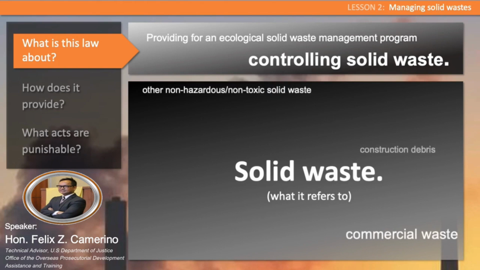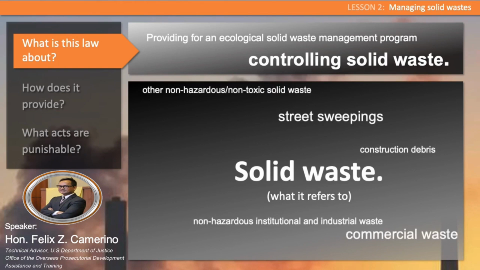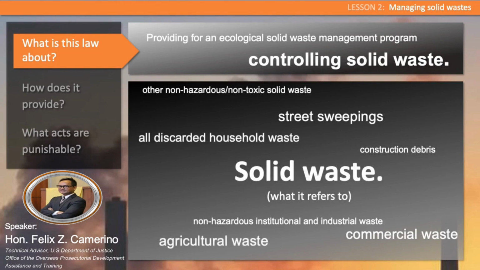It enumerates them, like commercial waste, construction debris, non-hazardous institutional and industrial waste, street sweepings, agricultural waste, waste that's discarded from household, and lastly, other non-hazardous, non-toxic solid waste. So this last one actually kind of brings up another question. Okay, what then are things that are not included in the definition of solid waste? So let's quickly look at that.